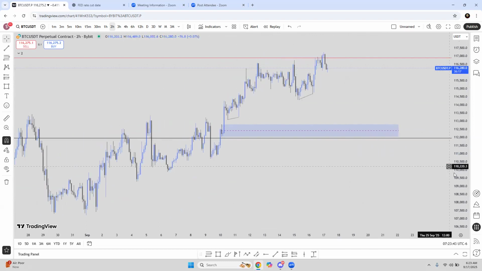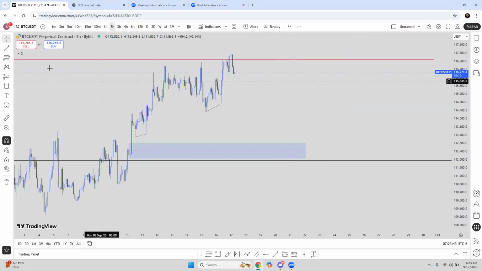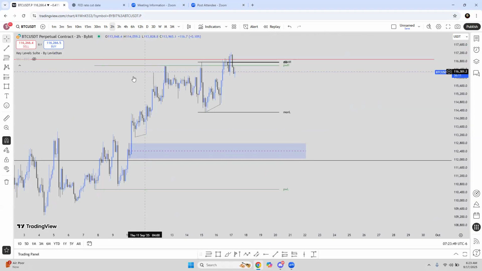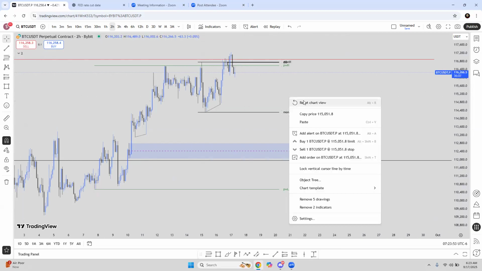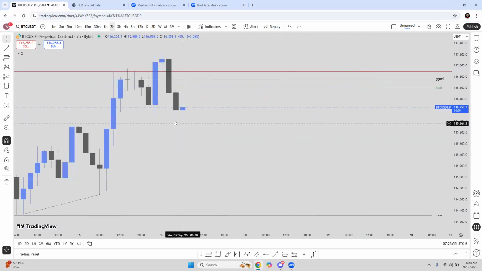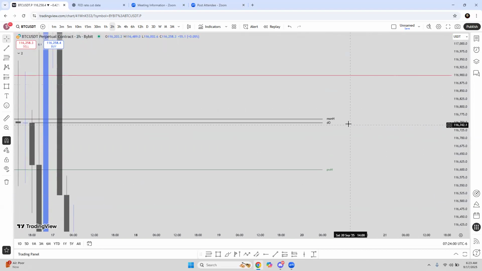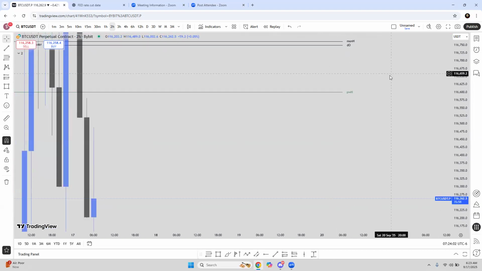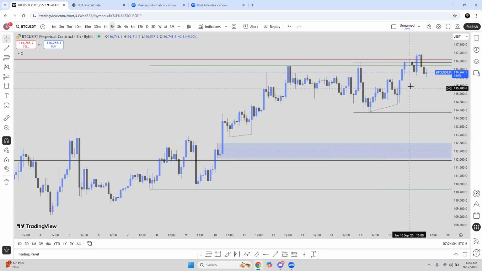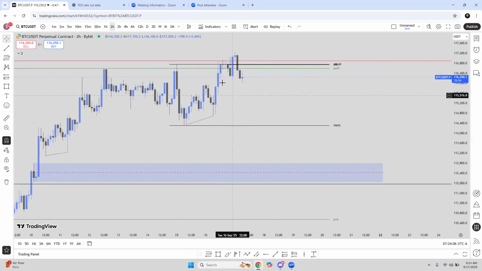Right now we are at important daily resistance. So we'll check whether I have key levels like weekly highs, lows, previous week highs, lows, and yes, I have some on my chart: Monday high, daily open, and previous week high. So all highs are here, swept and reclaimed as well.